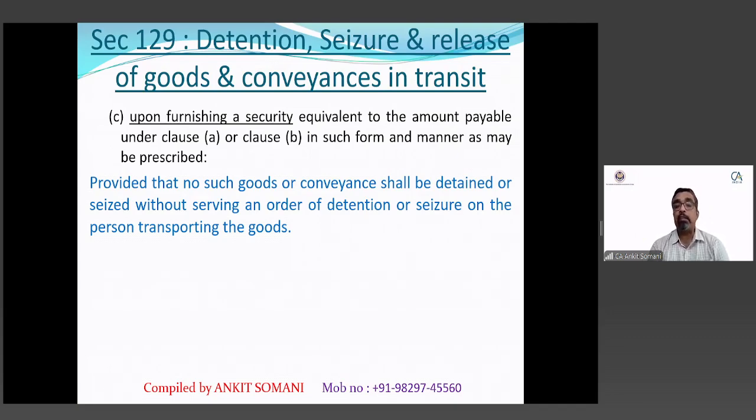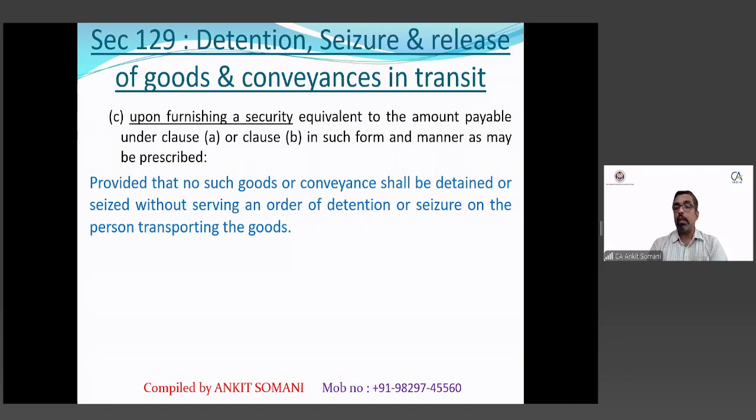Now, there have been several cases in the past whereby the goods or the conveyance vehicle have been detained without serving an order. One more important point I should consider here itself: whenever the person or the owner comes forward and makes the payment, the whole case is considered to be resolved, and no order is even passed.